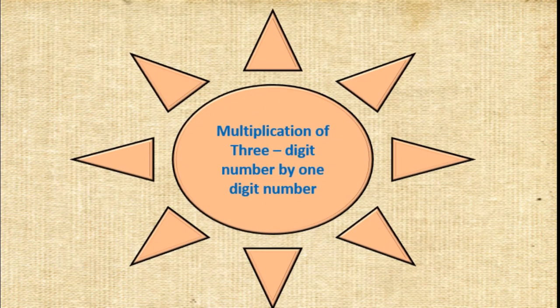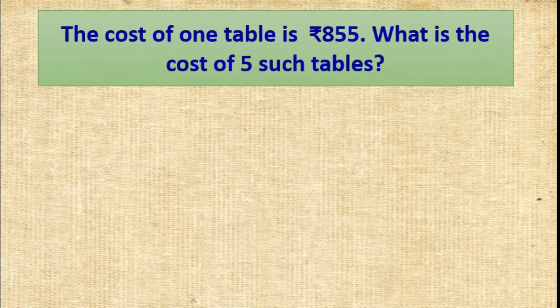Now multiplication of 3-digit number by 1-digit number. Same method is there. No changes, only we have to use the given numbers. See here. See students, here the cost of one table is rupees 855.